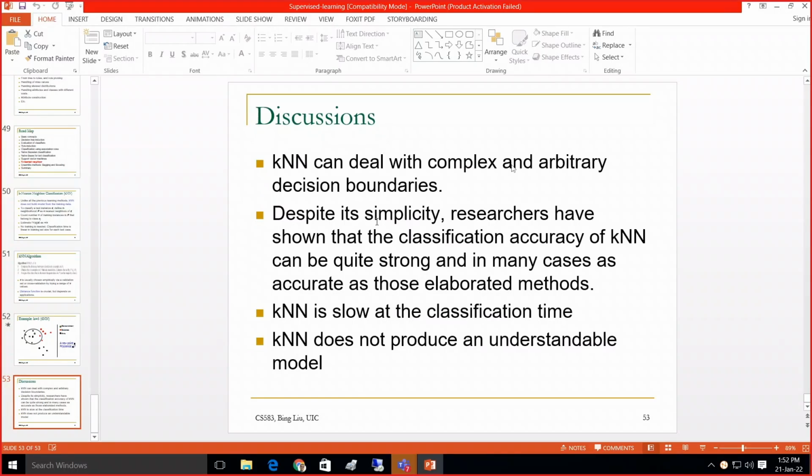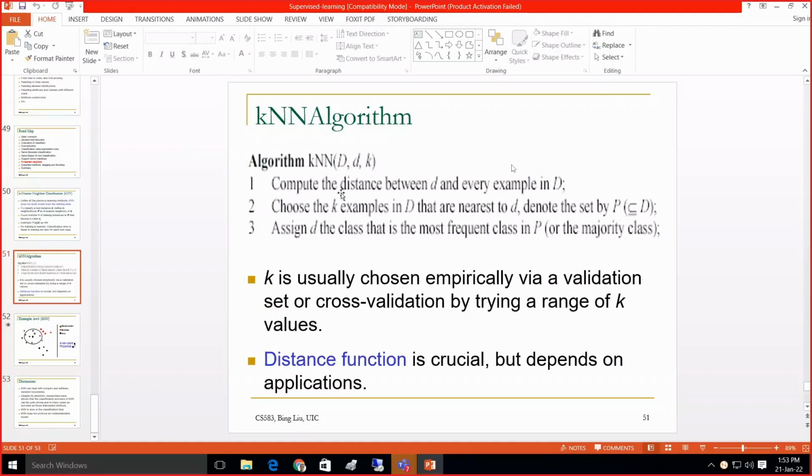Though it is simple and easy to understand, it has a major drawback. As we are not providing any training, whenever an unseen sample is going to come, whether it is one unseen sample or 5 unseen samples, for each and every unseen sample we need to calculate over the whole data, because step number 1 says: compute the distance between the unseen sample and every example in D. So how many unseen samples?